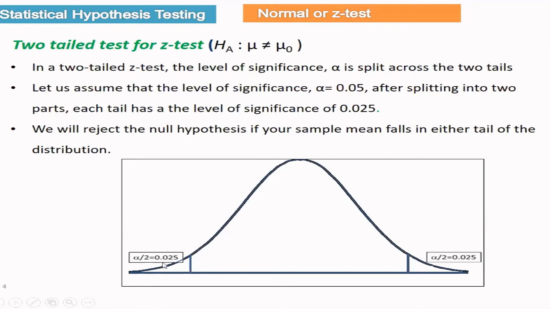In the left tail, one part alpha by 2, and the right tail also alpha by 2. That is, if you have a level of significance of 5%, that is 0.05, each tail will have 0.025 and 0.025. This is the rule for the two-tail test: we have to divide the level of significance into two parts.